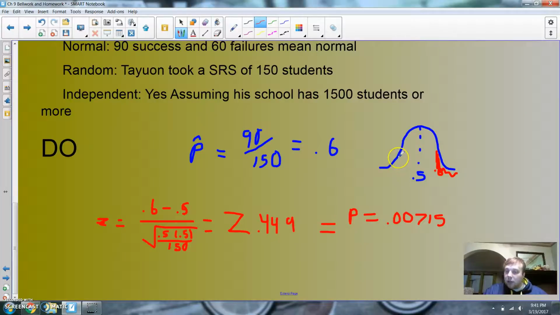I'm also looking for the probability below here as well. So not only is it 0.00715, but it's actually another one of these because it's symmetrical. So I should have a total p-value of 0.0143. So roughly a 1.5% chance.